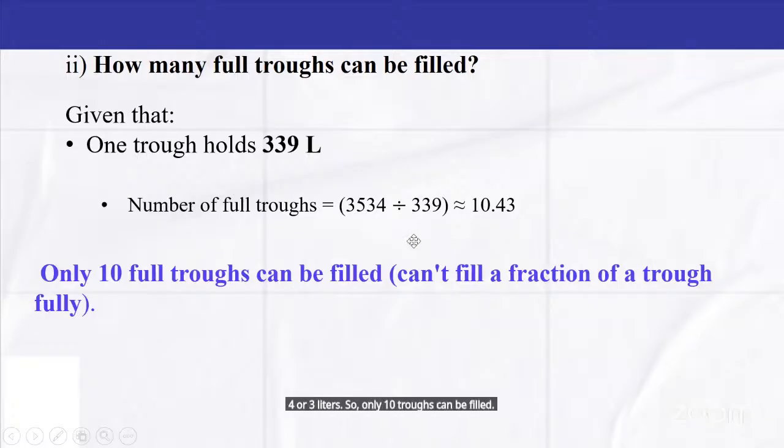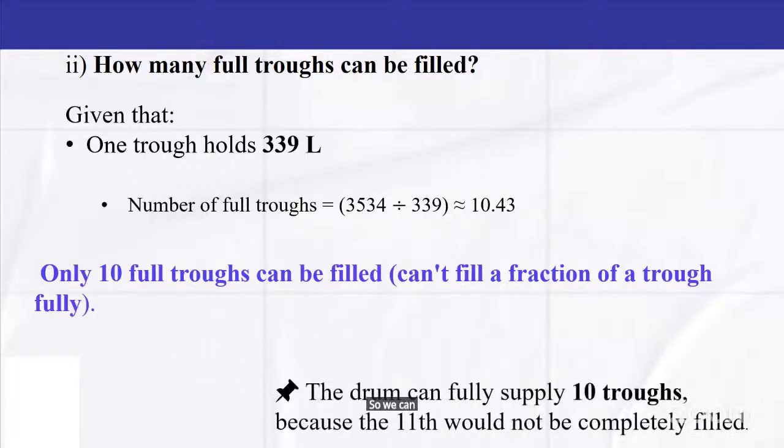Why did I say 10? Can we fill with a fraction? No, we can't fill a fraction. The 0.43 will not fill a trough. So we can get 10 full troughs. So the drum can fully supply 10 troughs because the 11th trough would not be completely filled.